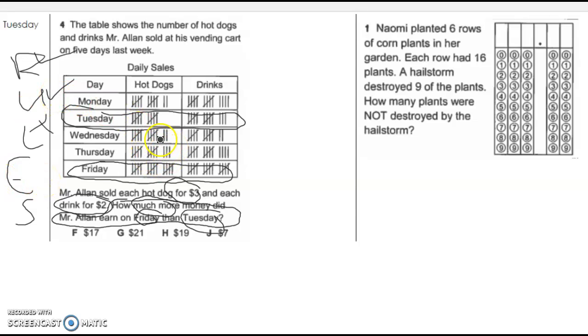So now what I need to know is how much money he made on Tuesday and how much money he made on Friday. So on Tuesday, he sold 10 hot dogs at $3 each. So I'm going to do 10 times 3, which equals 30.